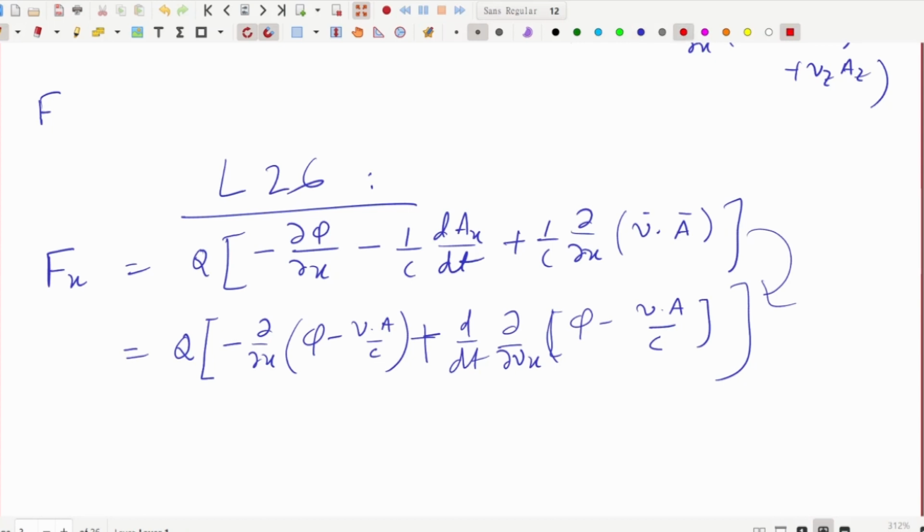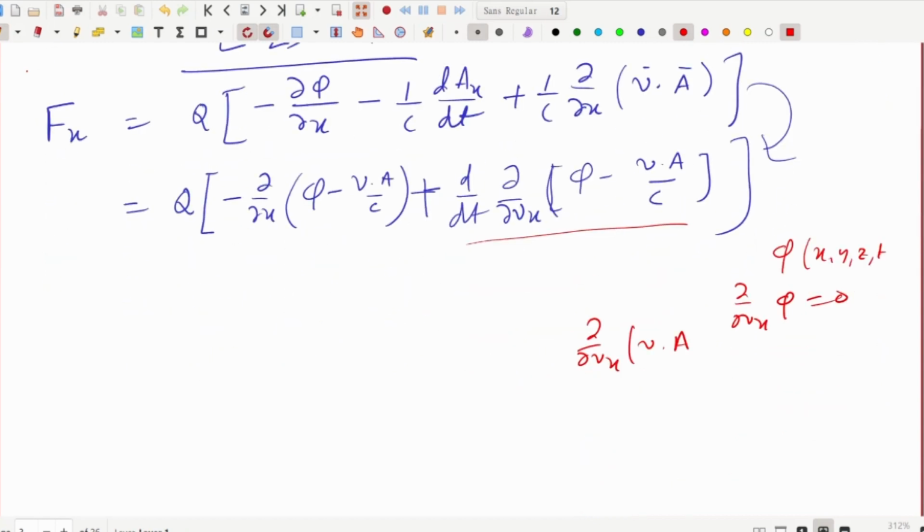Let us first concentrate on the second term. Phi is a function of x, y, z and t, so del Vx of phi will be 0. Then v dot A will have a Vx Ax term, so del Vx of v dot A is equal to Ax.